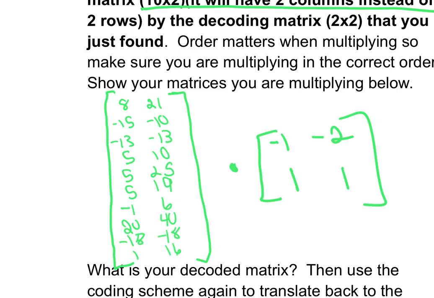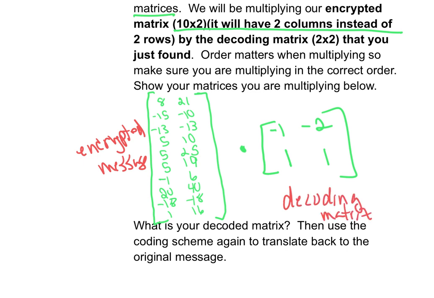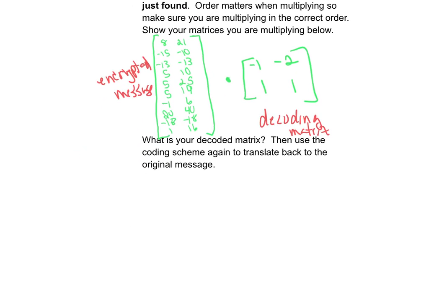Again, this was our encrypted message from the first page. And this second matrix here is our decoding matrix. We are not using any inverse on this. We used the inverse on the first step.